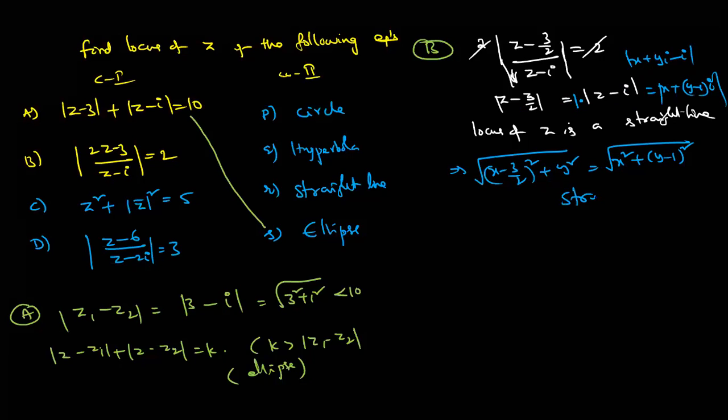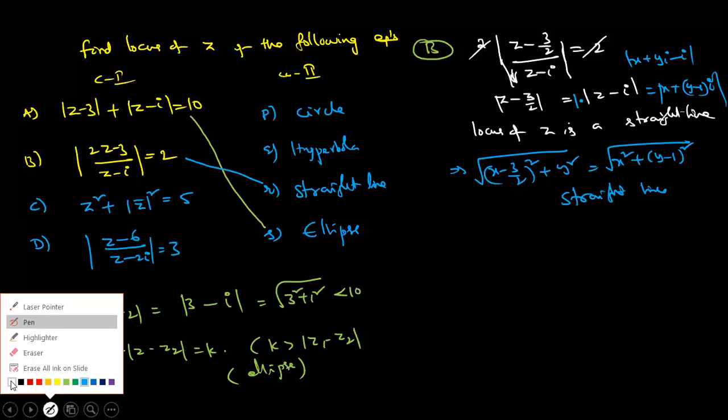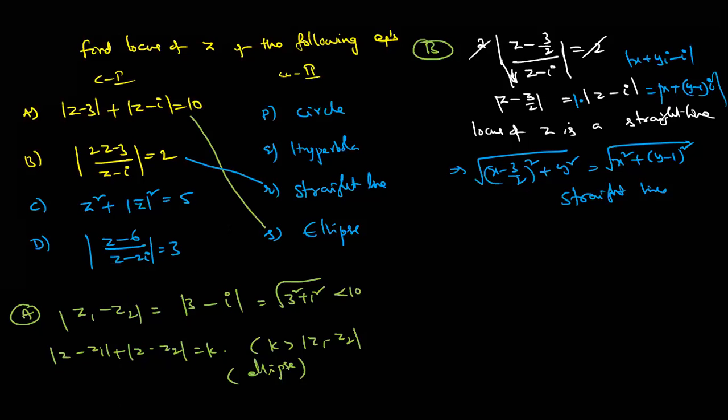That's what it is, a straight line. Excellent question. B is R. What about D? Anyone? Can you guess D? k is equal to 3 means what? Obviously this is a circle. It's a circle, not a hyperbola.